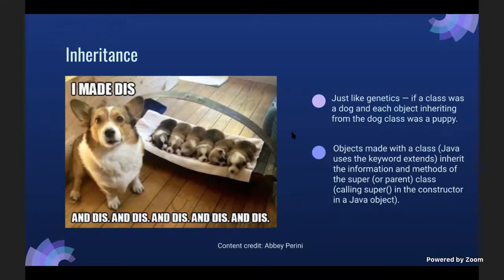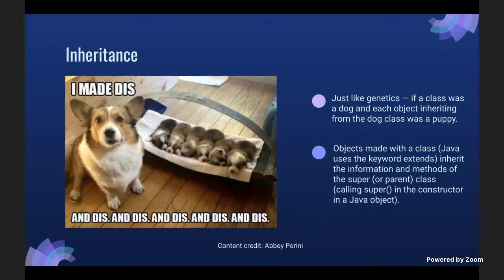If I want other classes that should behave like the dog, then they have to inherit all the properties of that dog. So if I want to have 20 other classes that should behave exactly like the dog, I don't have to create more dogs like this. I just need to inherit the properties of this dog.